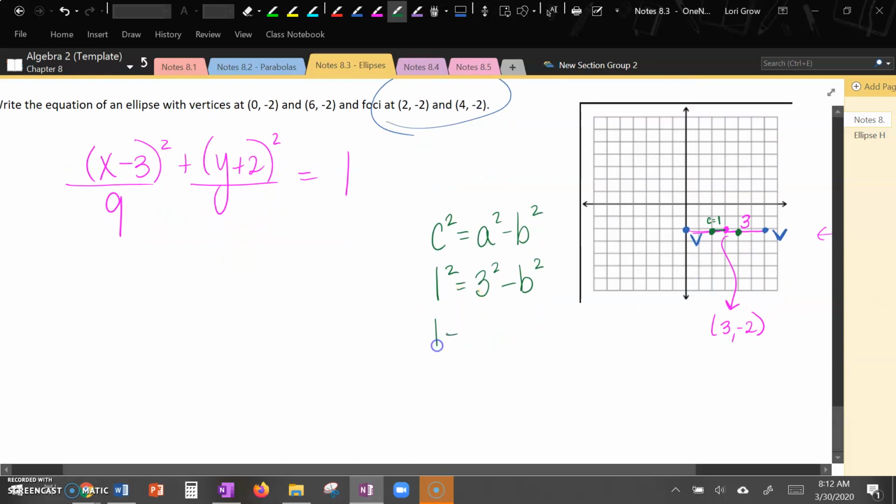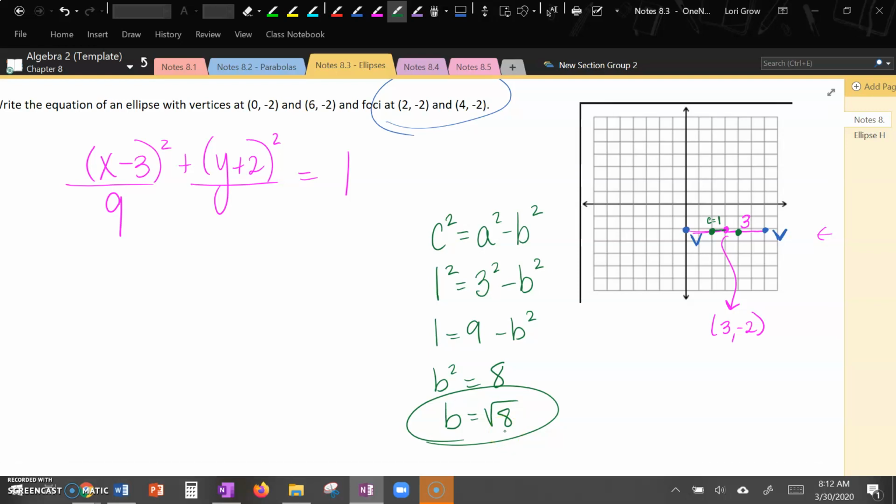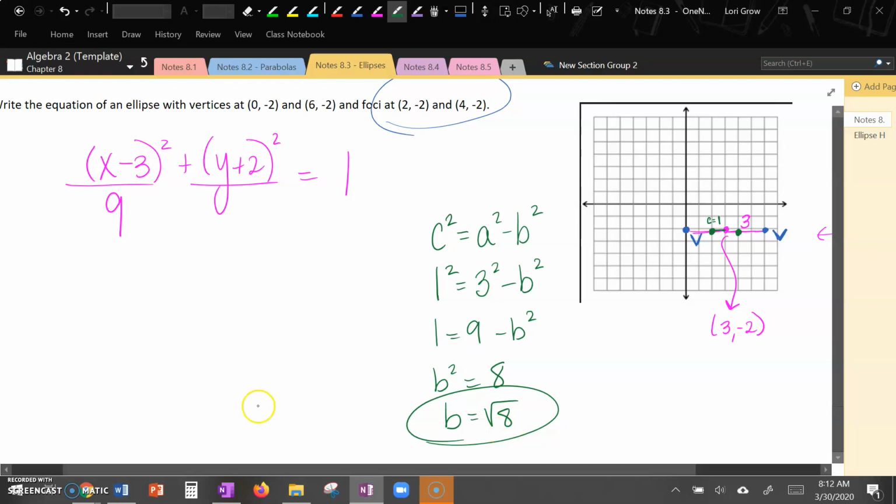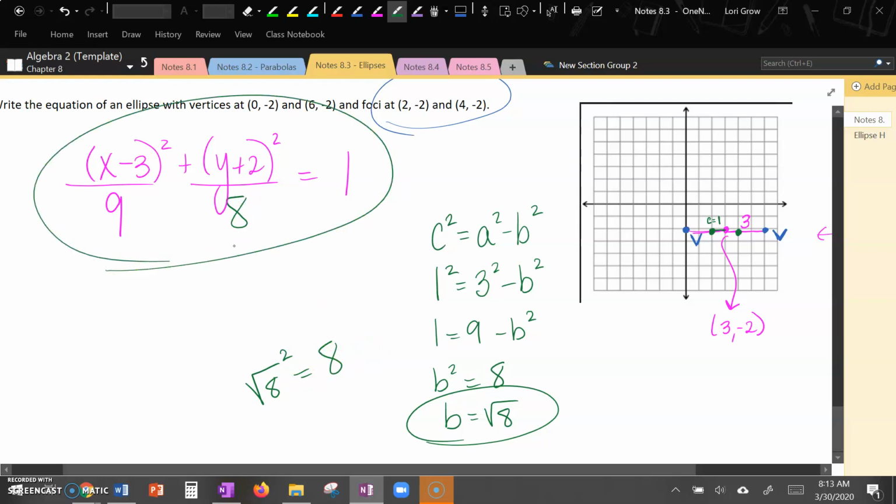I can solve this equation with some simple algebra, and I find that B is the square root of 8. Now, whatever B is, when I put it underneath the equation, I always write B squared. So if I take root 8 and I square it, I'm going to get a value of 8. And that's what goes in my equation. And we are finished.